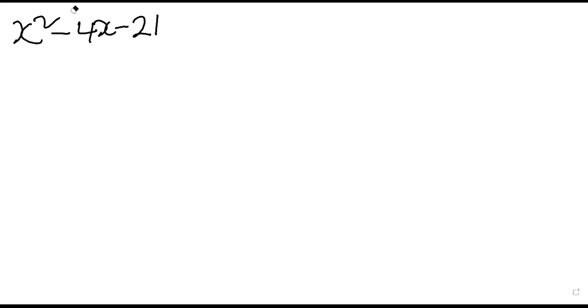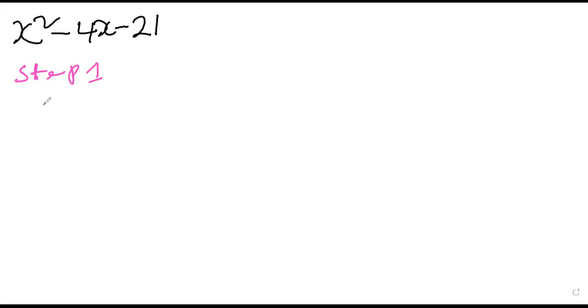One way to solve this problem is this. We are going to take the coefficient of s squared, multiply it by the constant. That's step 1.